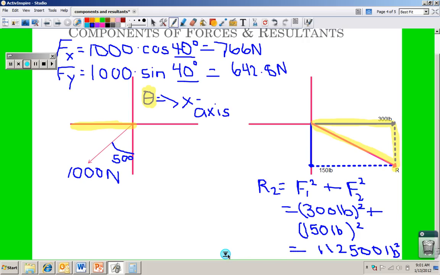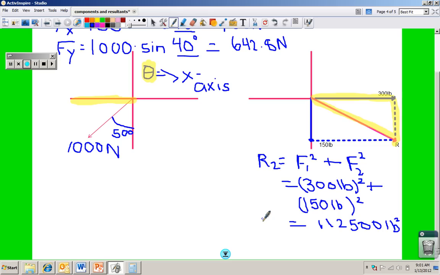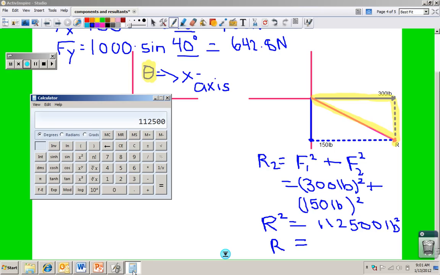Okay, so that's R squared. Now what do we need to do to get R? We take the square root. And the square root is 335.4.